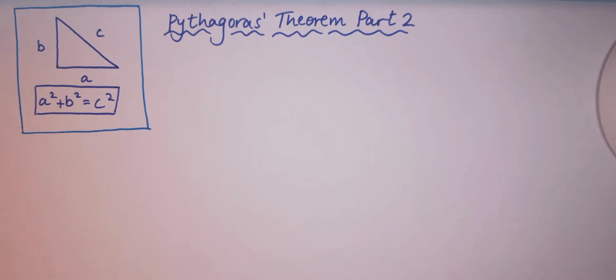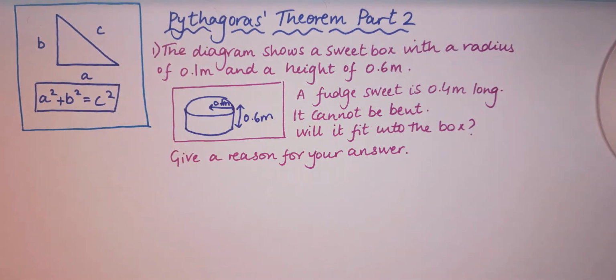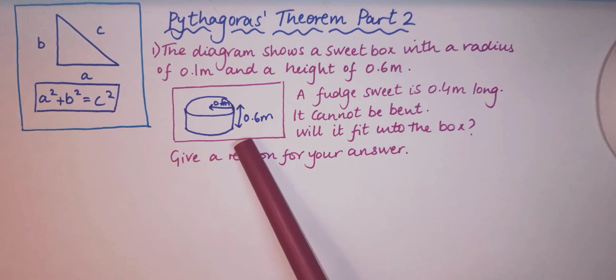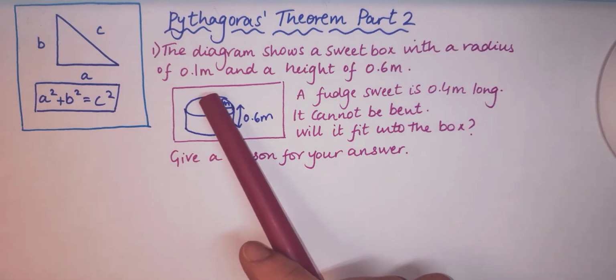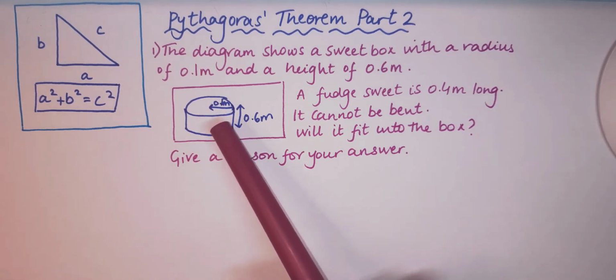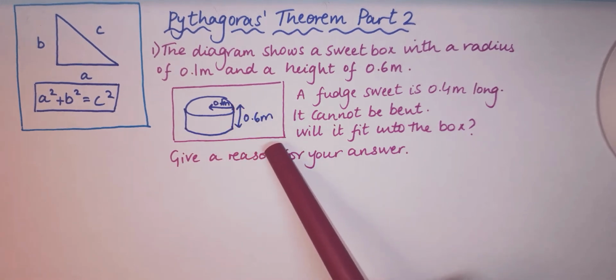Now, a trickier question looks like this. As you may have noticed, it's not a triangle. The question says the diagram shows a sweet box with a radius of 0.1 meters and a height of 0.6 meters.